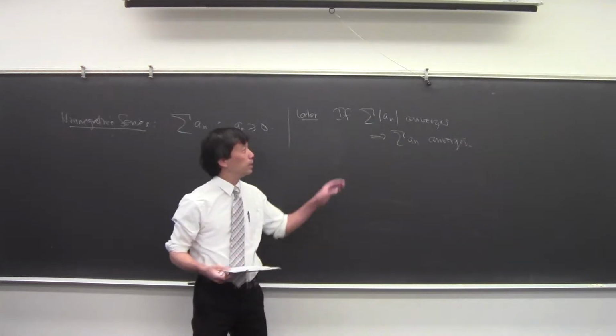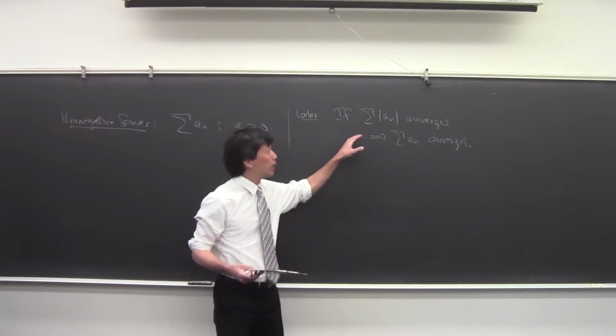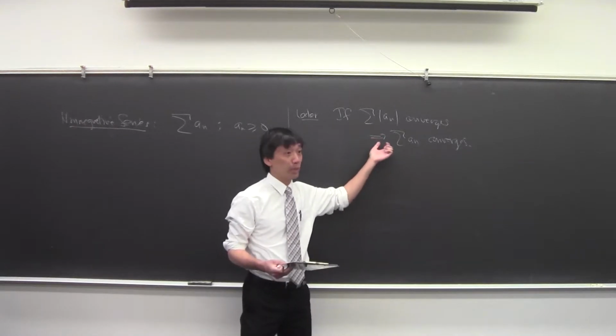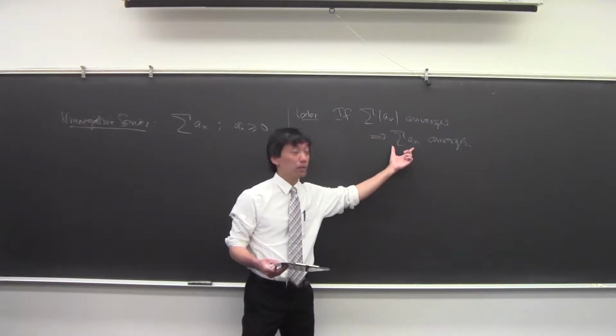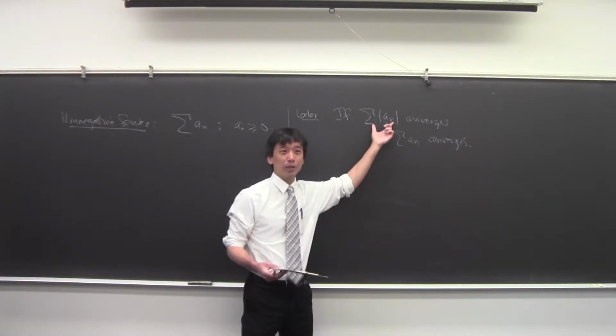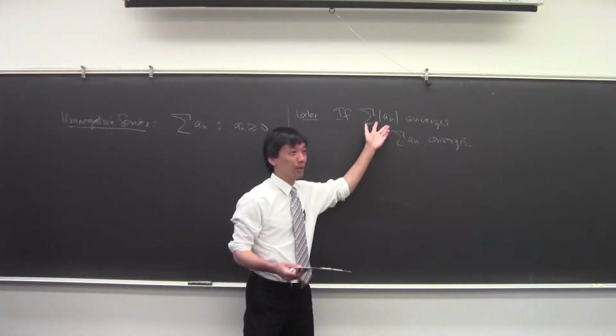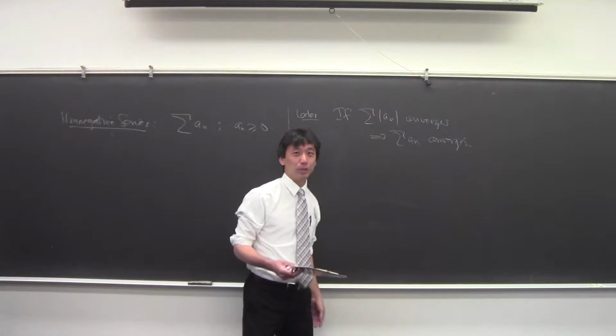So one thing we can do is, if you have some series, you look at the sum of the absolute values. Well, that's a non-negative series, right? So it behooves us to have a bunch of ways of checking if a non-negative series converges.